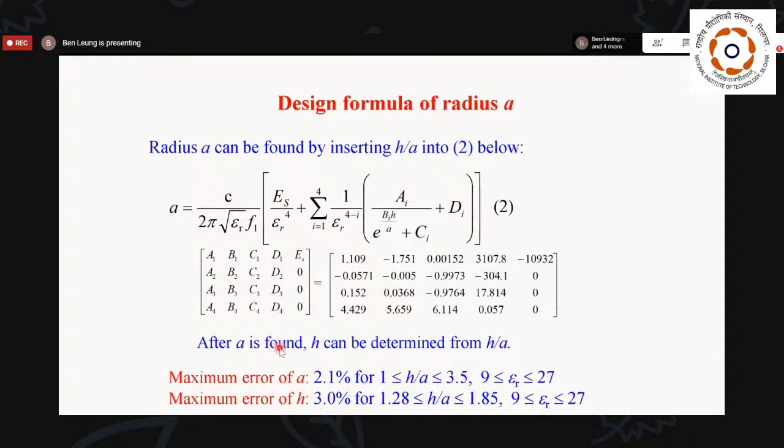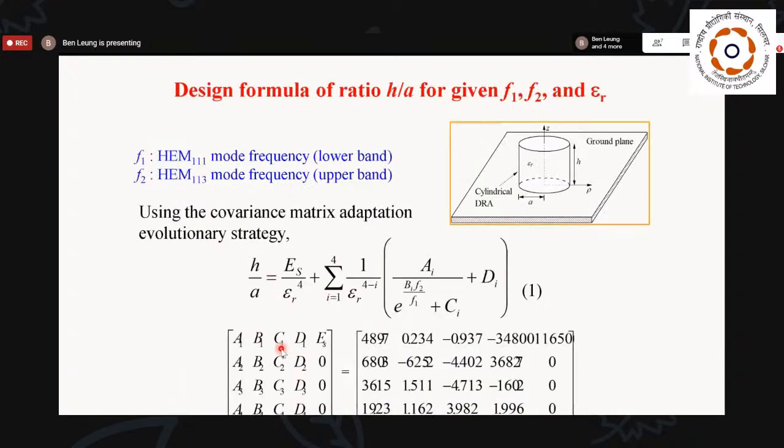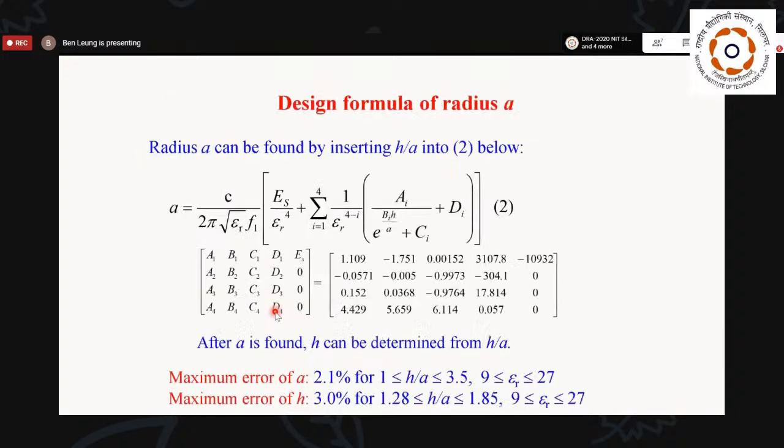After a is found, then h can be obtained by this formula. Okay, we have checked the error. The error is 2.1% for this frequency range, for this dimension ratio, and for this dielectric constant. And the maximum error of h is 3% for this dimension ratio and dielectric constant.